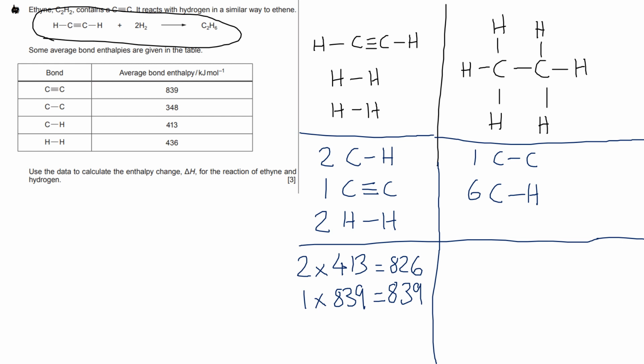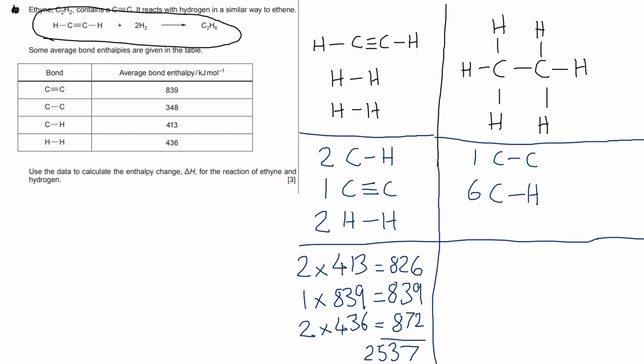And then 2 lots of the H to H, which is 2 lots of 436, which is 872. Is everyone okay with that? Then I add these all together, and that comes out as 2,537.